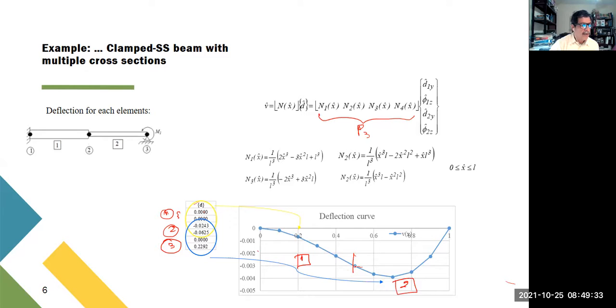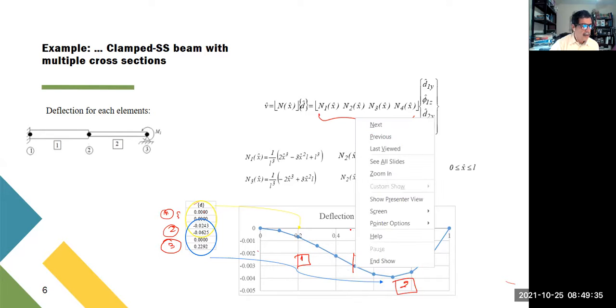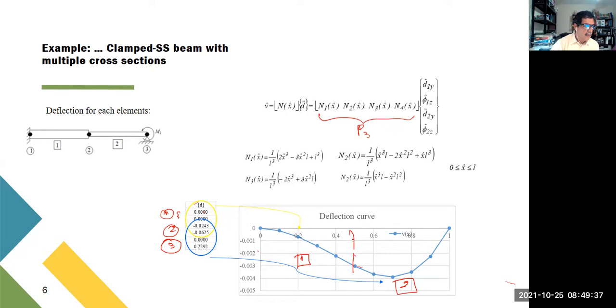And you see that this point here, this value, this is D2Y, which is common for both. And this rotation, this is phi 2 Z, which is also common. Here, displacement and rotation are 0.